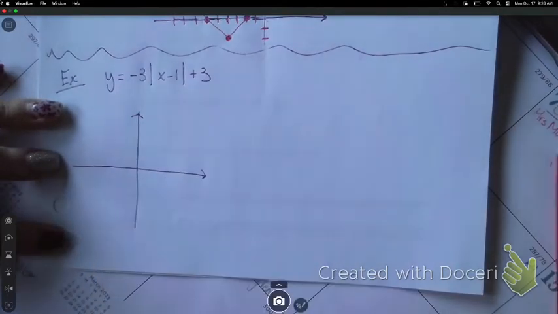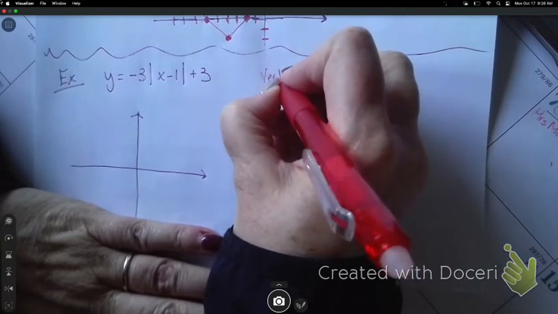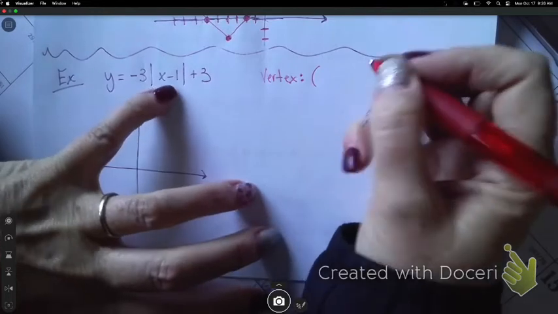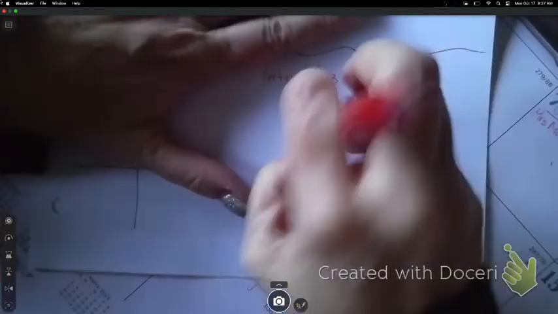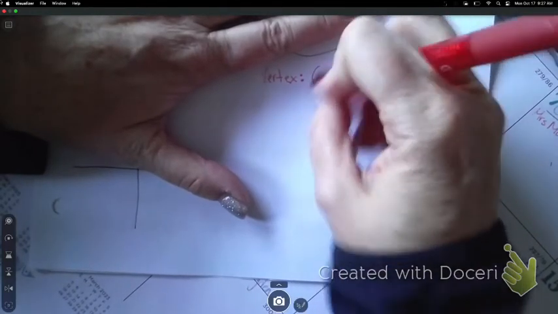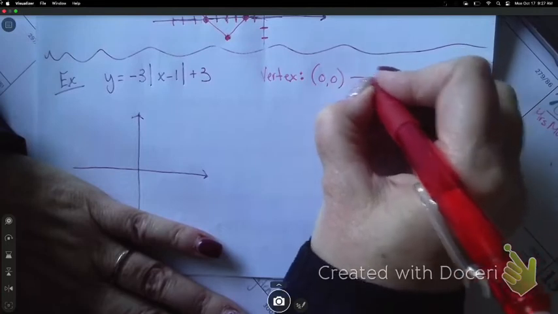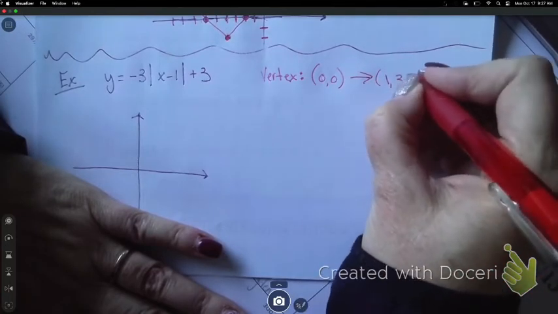First was find the vertex, right? Vertex. It's a positive 1 and positive 3. Where was it originally? 0, 0. And the reason why we always write that is so we remember. So our new vertex is at 1, 3.